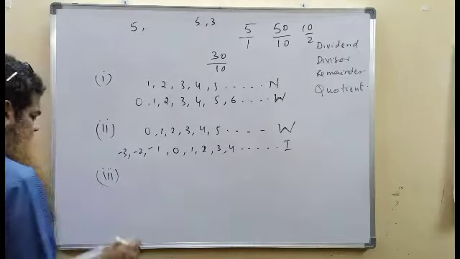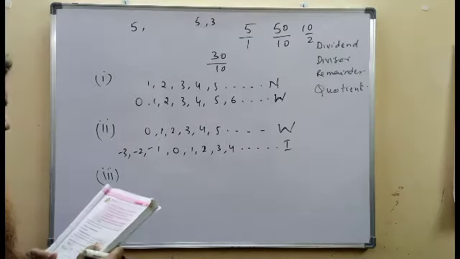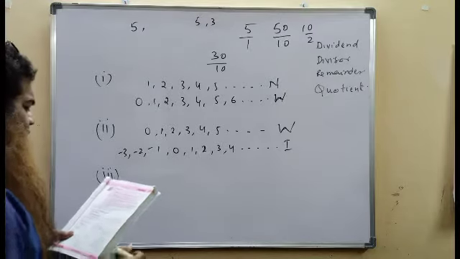The third one in that list: all integers are rational numbers, but all rational numbers need not be integers.